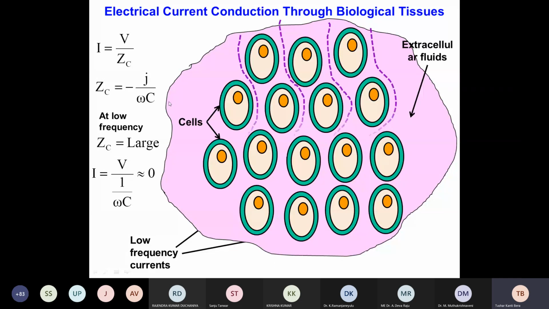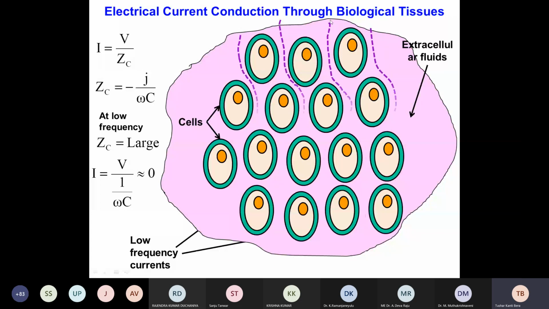Now, inductance will not be there, because of the Maxwell theory. For the low frequency applied in biological impedance measurement techniques, the inductive effect of the tissue will be negligible. That's why there will be no inductance. So only capacitive and resistive properties will be there.